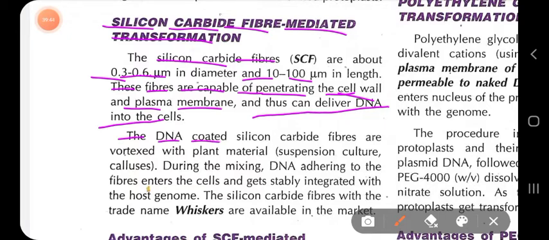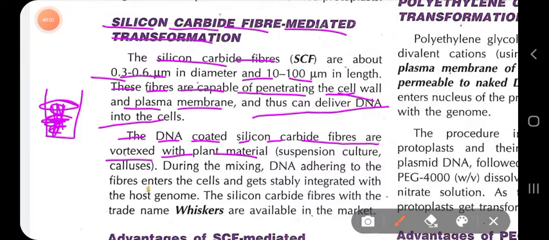The DNA coated silicon carbide fibers are vortexed. Vortex means there is a machine called a vortex machine where we mix the components. It forms a vortex, like a tornado in shape, with the plant material.